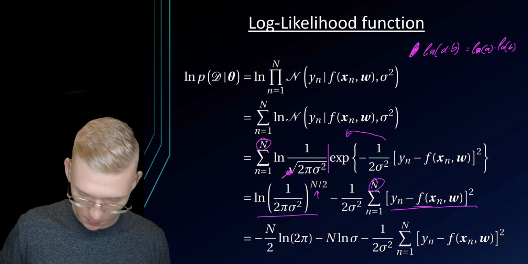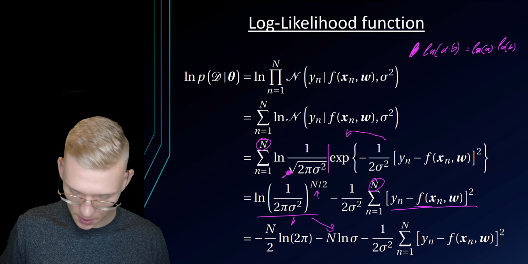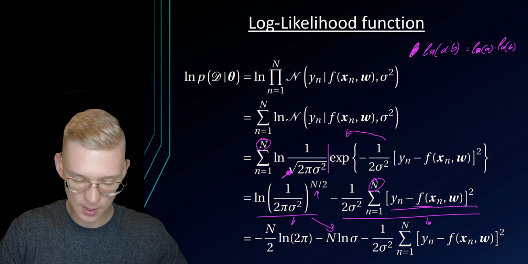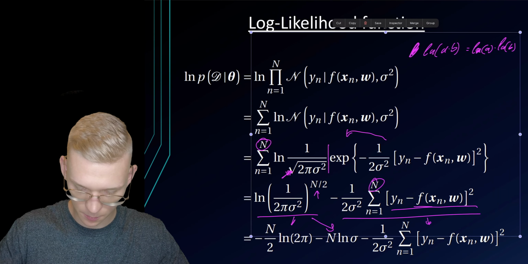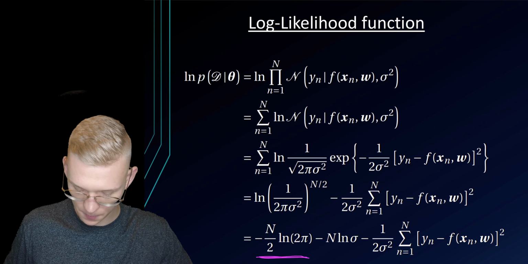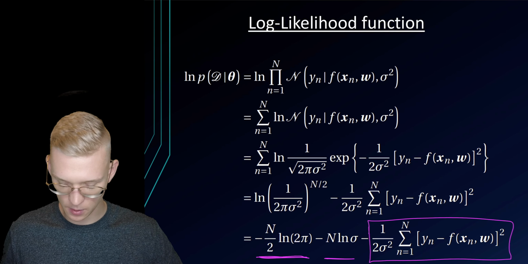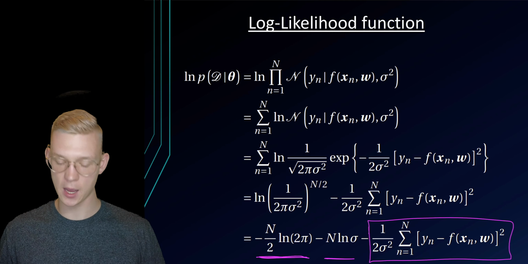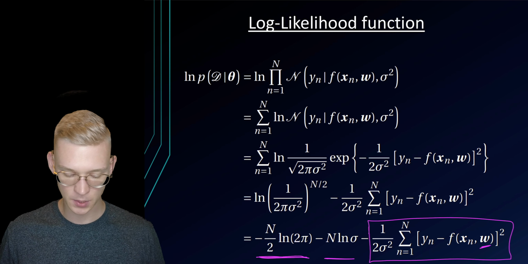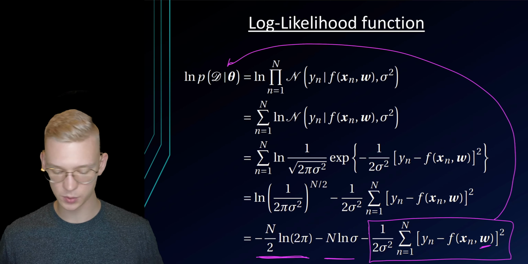Now we can again split this term, and this stays the same as it was before. So we see that the likelihood function of our data is a constant minus a constant times a term, and is just dependent on this term. So in the future, we will have to focus on this term because it depends on our w's, to get the w's so that the data is most probable.